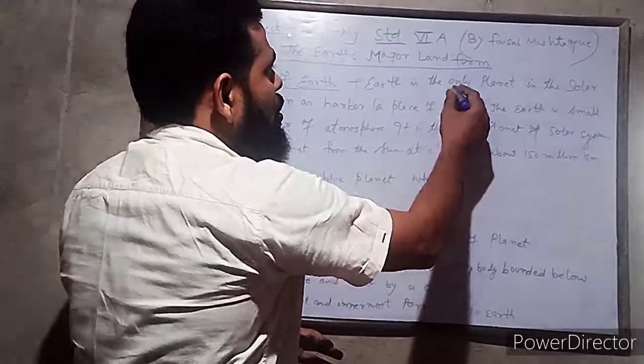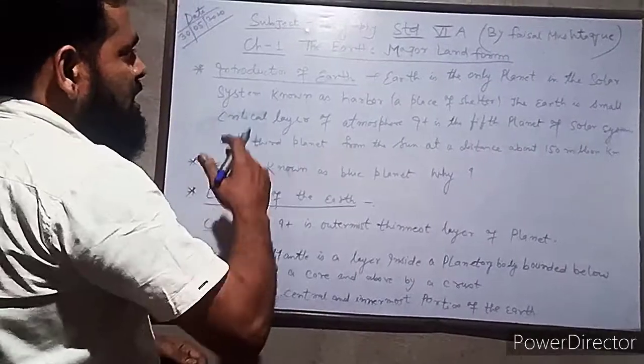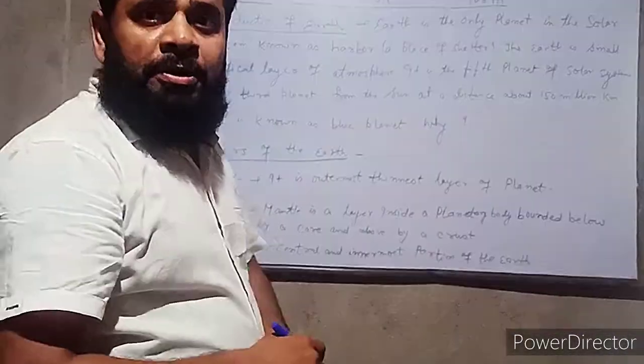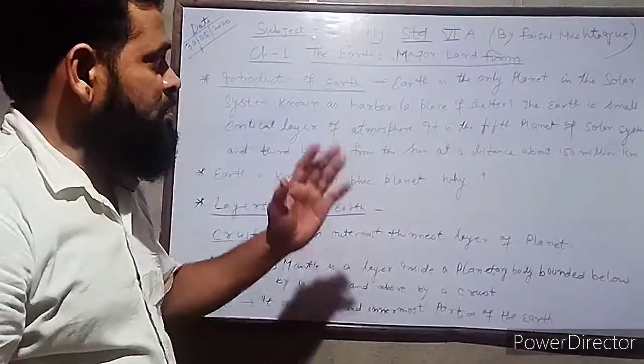Earth is the only planet in the solar system known as a harbor. You know, students, harbor means a place of shelter. So the Earth has a thin layer of atmosphere.